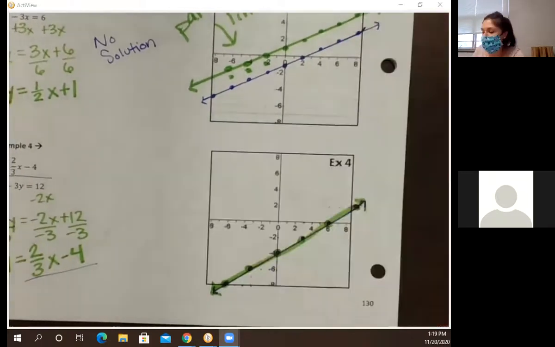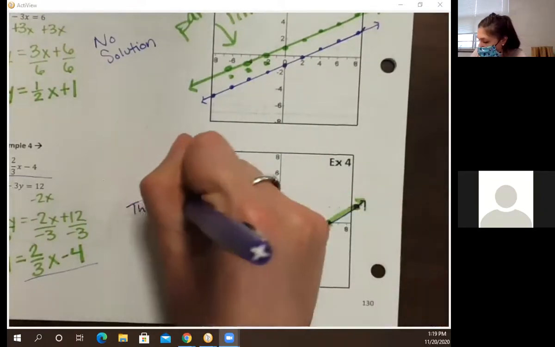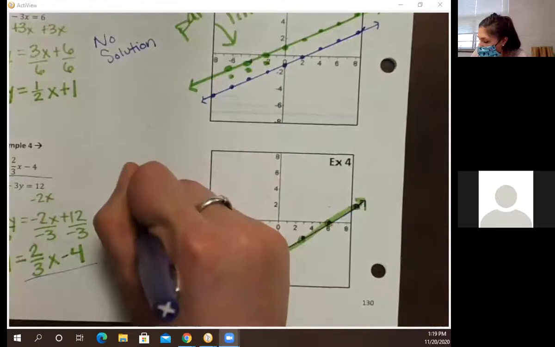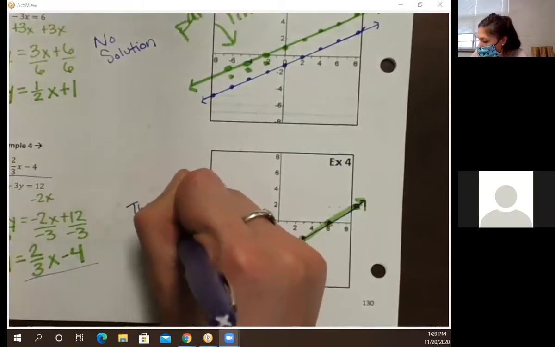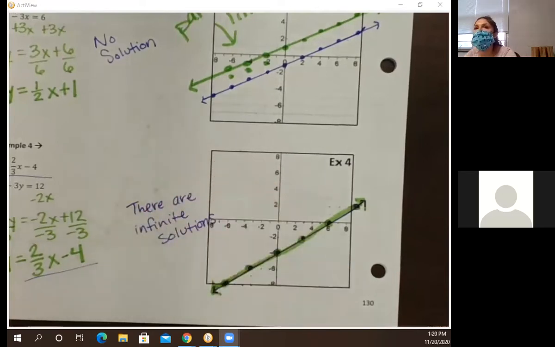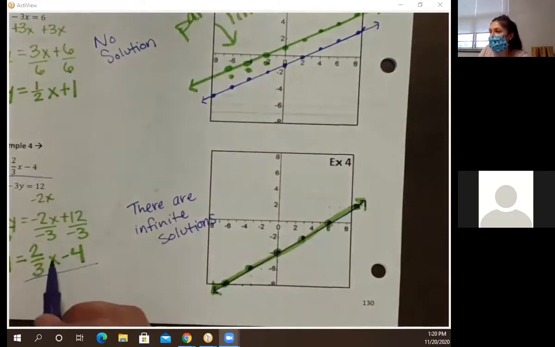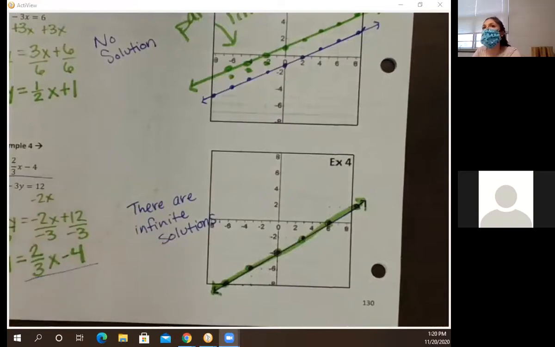So when every point is a solution, we say that there are infinite solutions to this system. There are infinite solutions to this system because every point on the line is also on this line. So every point is the solution.